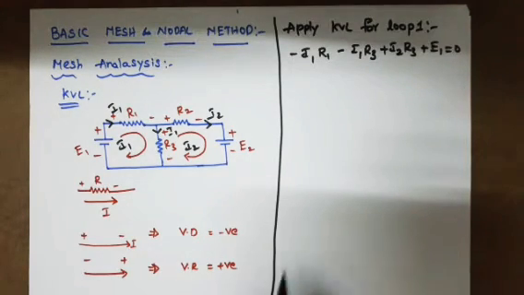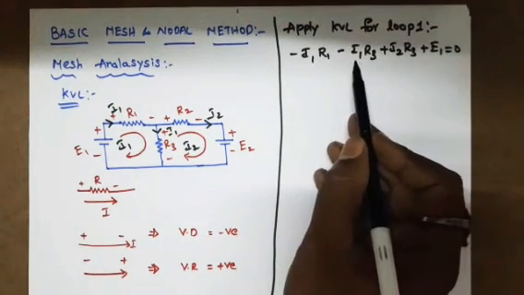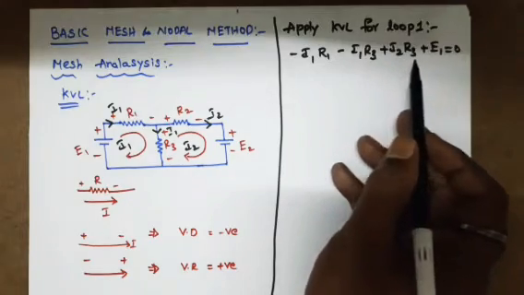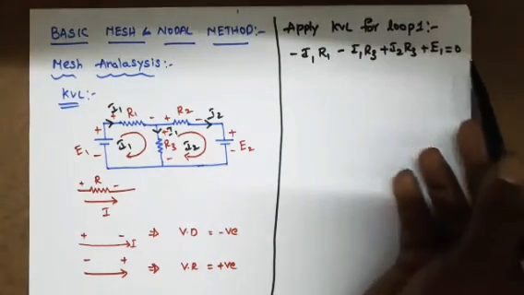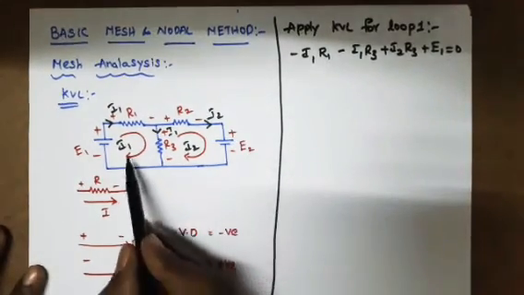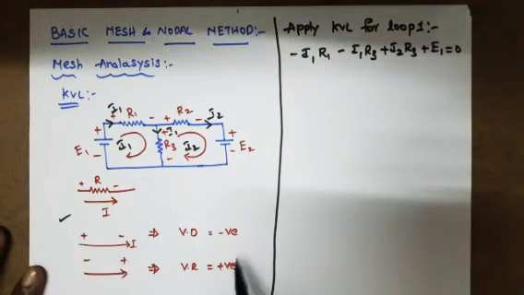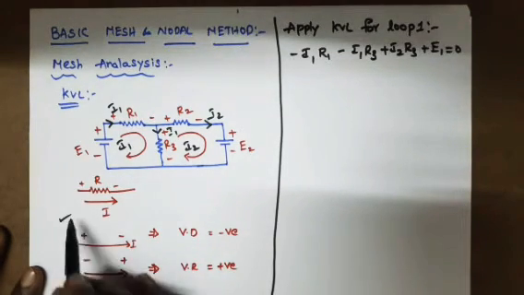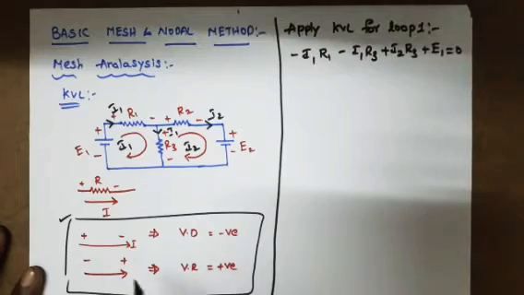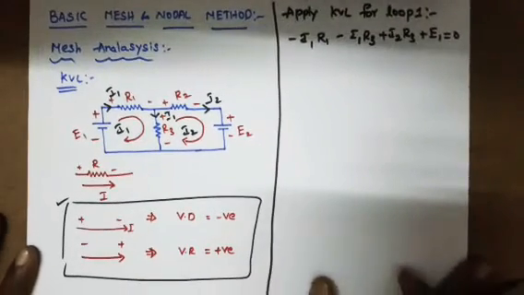Is it clear? Minus I1 R1 minus I1 R3 plus I2 R3 plus E1 equals 0, according to this sign indication rule.